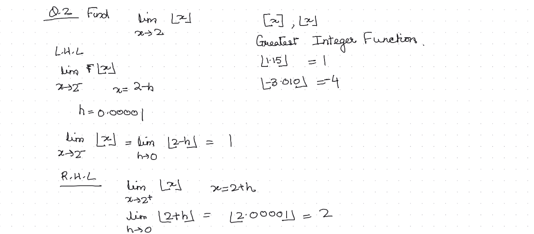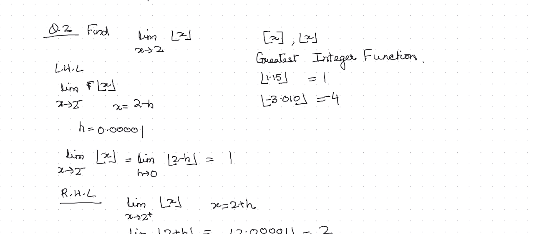So we did put x equal to 2 minus h for the left hand limit, because h is a very small value like 0.001. We subtracted it from 2 and looked at the left hand side of 2. The greatest integer function rounds down to the integer less than the number, so this came out to be 1.